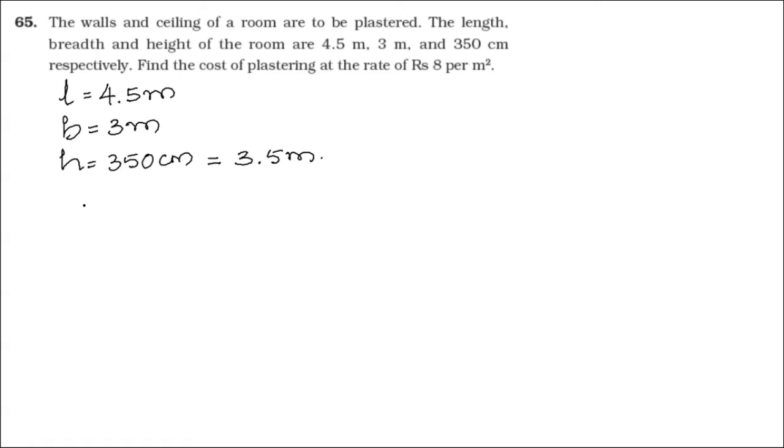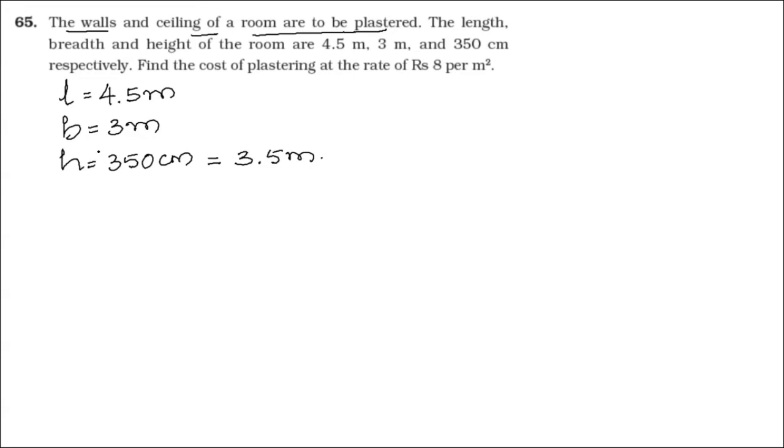And they have also given the cost of plastering. To find the area, we have to observe that the walls and the ceiling of the room are to be plastered. So the area of the wall will be the lateral surface area, and one of the length into breadth is to be considered because the ceiling is plastered, the floor is not plastered.